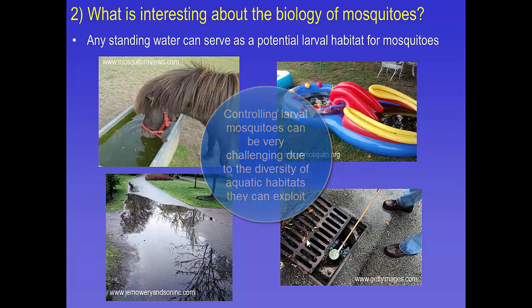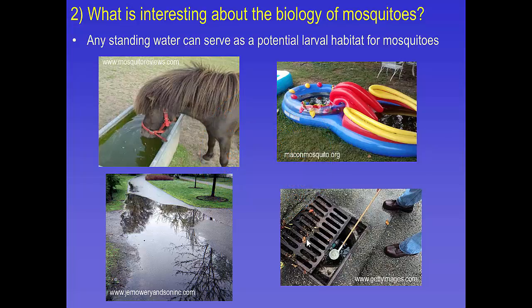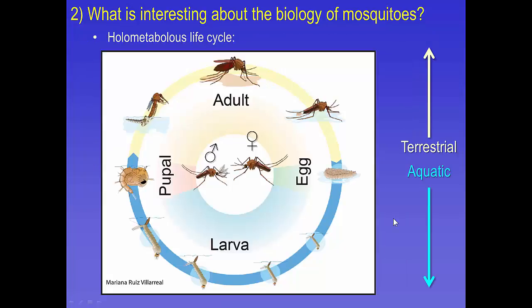It's also why when natural disasters strike, such as hurricanes or floods, it can lead to explosions of mosquito populations, because once those floodwaters or rainwaters recede, you're left with pools of standing water that mosquitoes can exploit as a habitat.